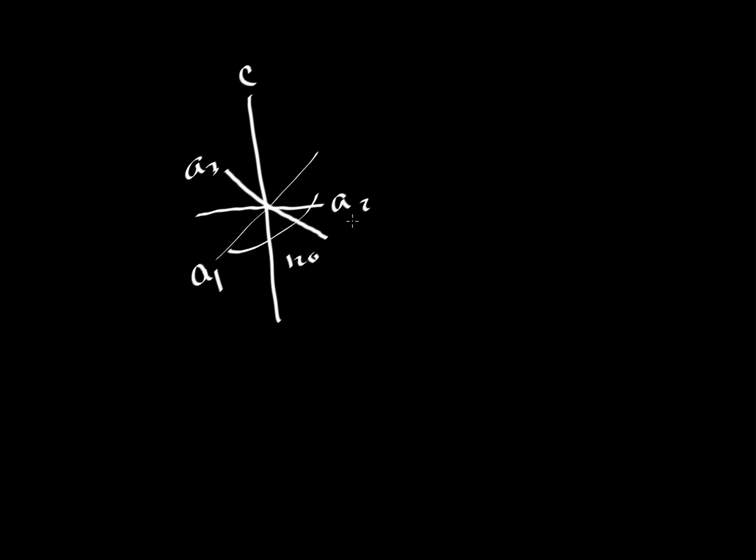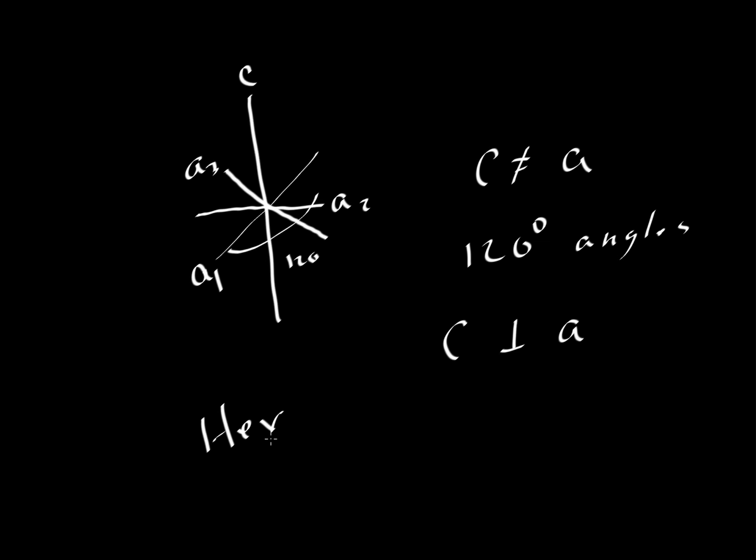They would all be 120. So in this case, C does not equal any of A1, A2, or A3, but we have 120 degree angles for our A1, A2, A3. And then C would also be perpendicular to the A axes. And this is our hexagonal system. So those are our 6 systems. And these are very common ways in which minerals are classified.